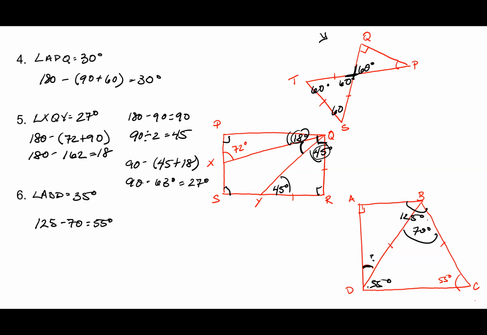So you subtracted 70 from 125 to get 55, to get this guy right here. Is that what you were doing? Okay, and then you added 55 and 90 and subtracted from 180? Great. So 180 minus 55 plus 90, and you got 35 degrees. Oops, my equal sign ended up being kind of wonky there.